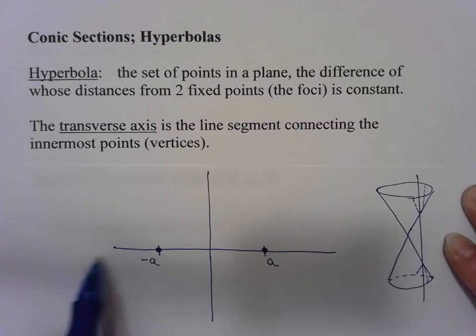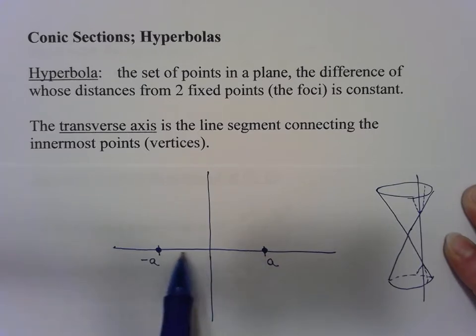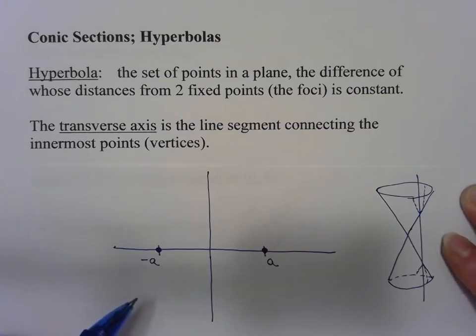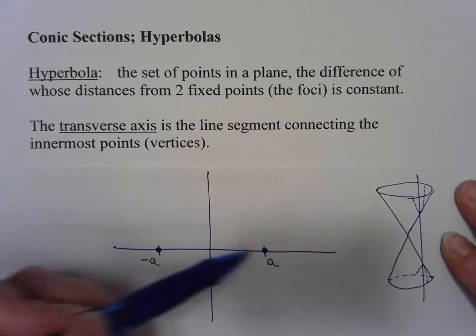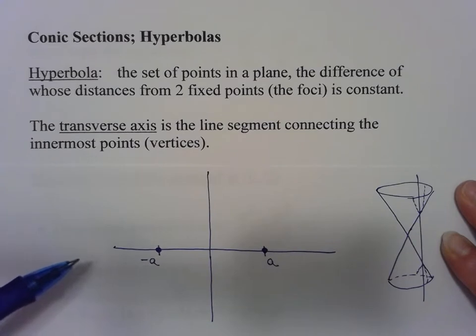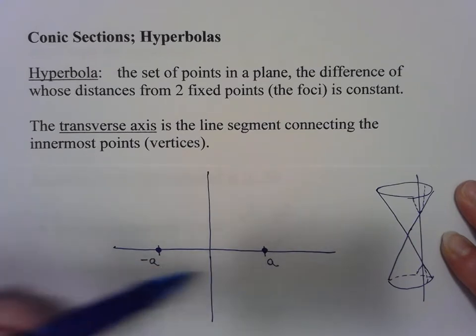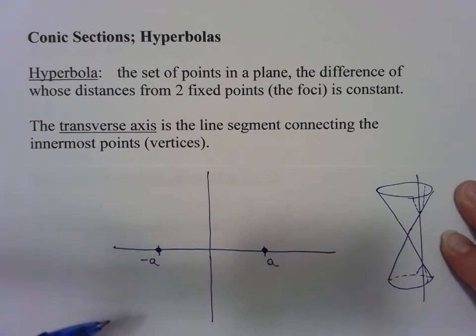This is not called the major axis like it is for the ellipse. For the hyperbola, it's called the transverse axis, and it would connect these two innermost points. I think it's called transverse because it really cuts the shape in half. It goes right across the middle of the shape.